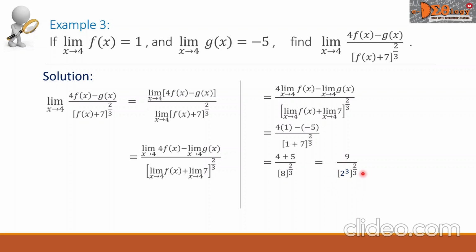Now let us simplify this expression. This power 3 multiplied by 2 over 3, we can cancel the 3 and the denominator 3 here. So that means this is now 2 raised to the power 2. Then we simplify that as 4. So the final answer is 9 over 4.